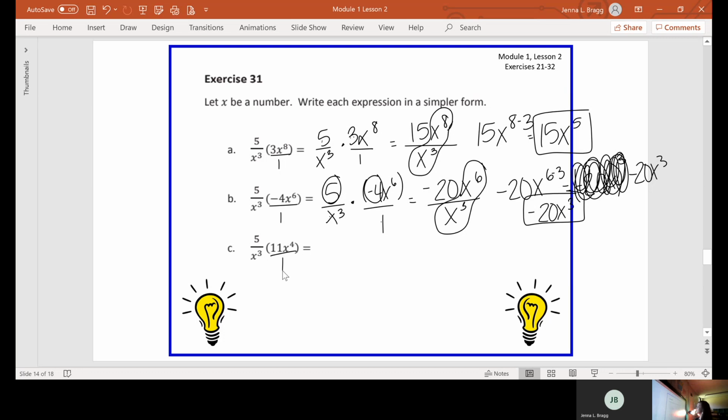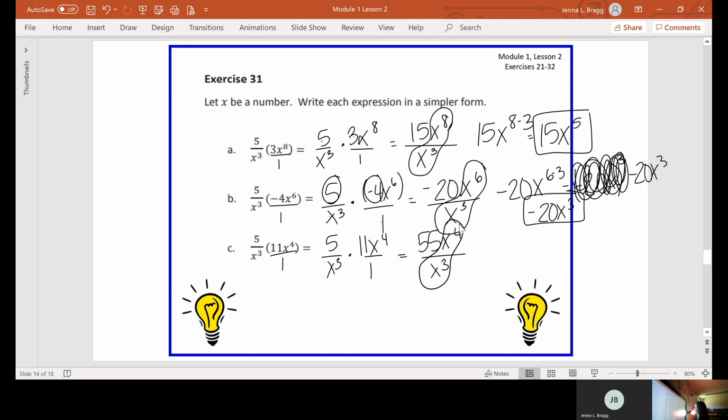The last one, stick a 1 under it so we can turn that into a fraction. I've got 5 over x to the third times 11x to the 4th over 1. You finish that one, and then I will go over it when you come back. Okay, I'm only multiplying 5 times 11, giving me a result of 55x to the 4th over x to the third.